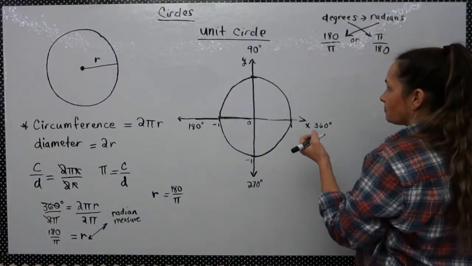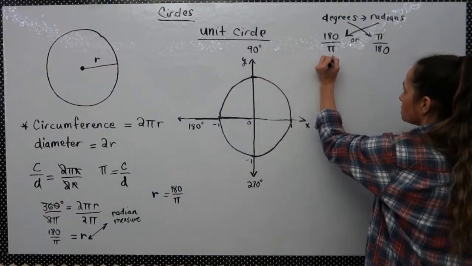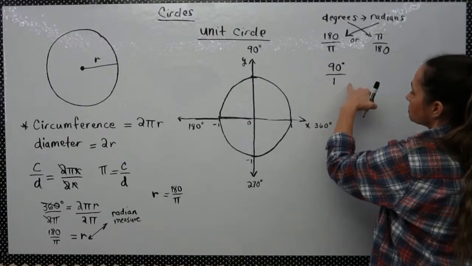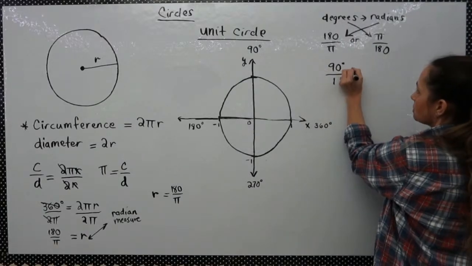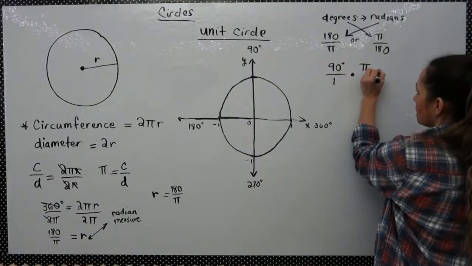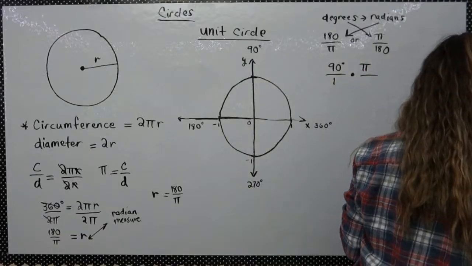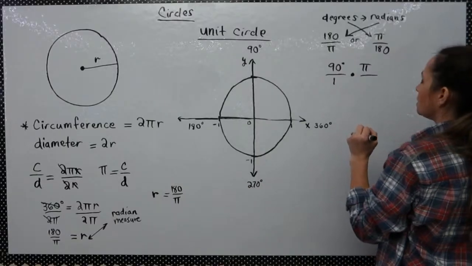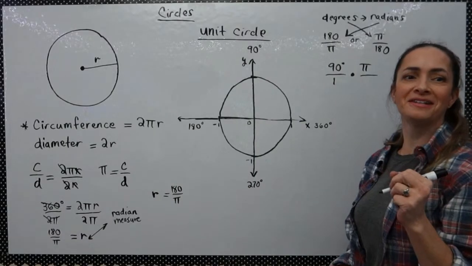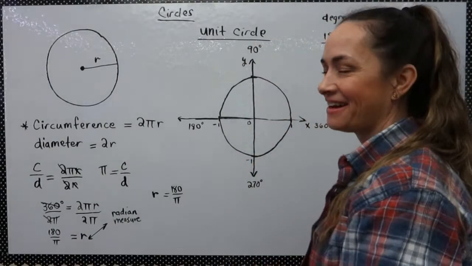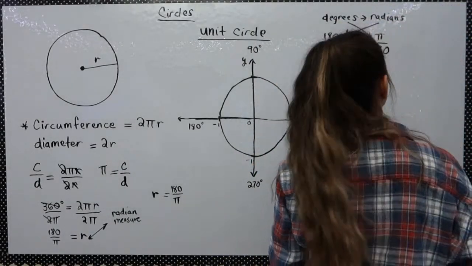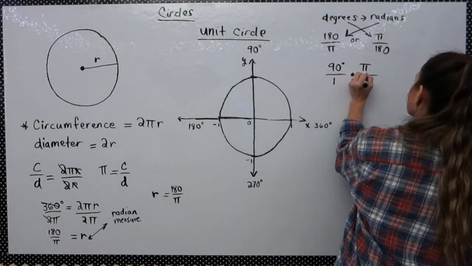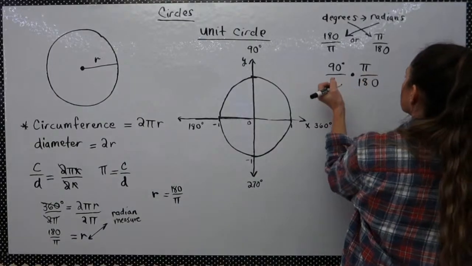So let's try it. We'll start with 90 degrees, and we want to figure out the radian measure of 90 degrees. Then we're just going to multiply it by this conversion. I want to make sure that the unit I'm ending up with is on the top in the numerator. Wait, did I just say that wrong? Did I get it backwards? Oh my gosh, I can't believe I just did that. Okay. So, hang on, maybe I didn't. 180. Let's try it. Okay, good.